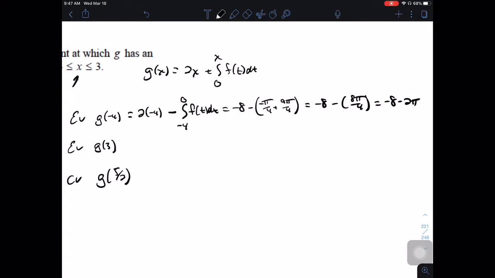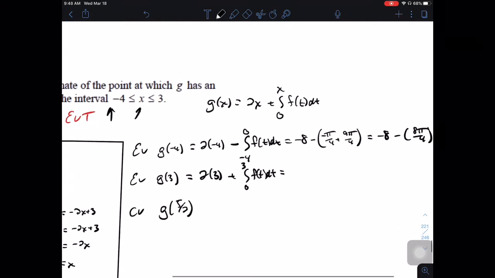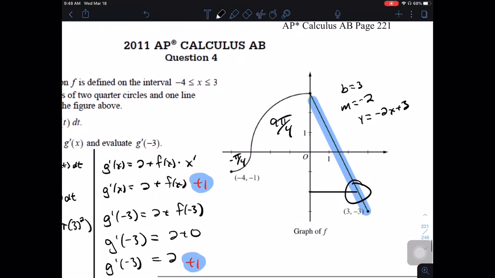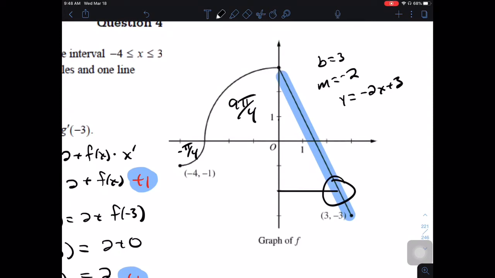G of 3. Let's figure out what this is. It's going to be 2 times 3, and then we're going to be adding to this, integrating from 0 to 3, f of t with respect to t. That's going to be 6 plus the area under the curve from 0 to 3. Let's see what that is.